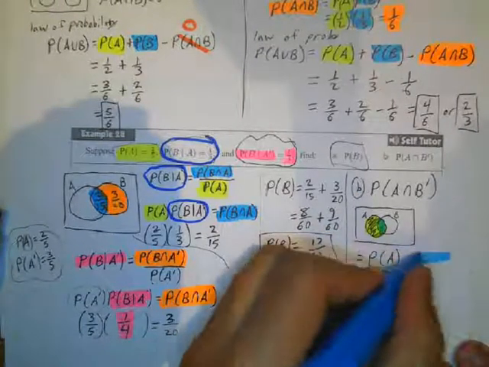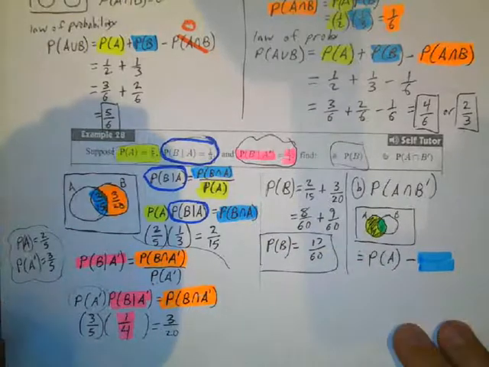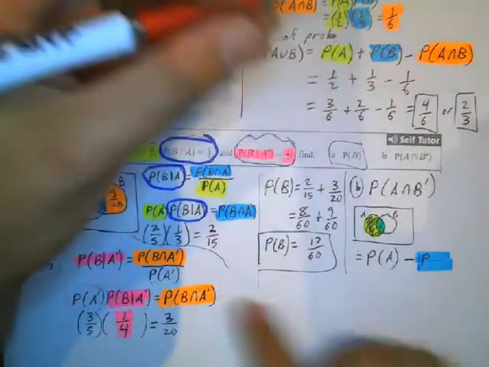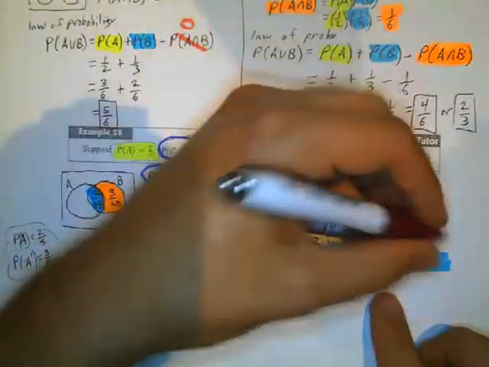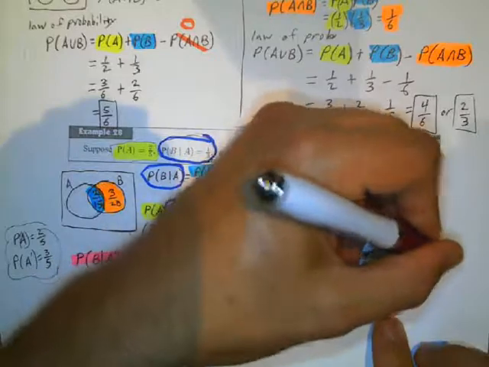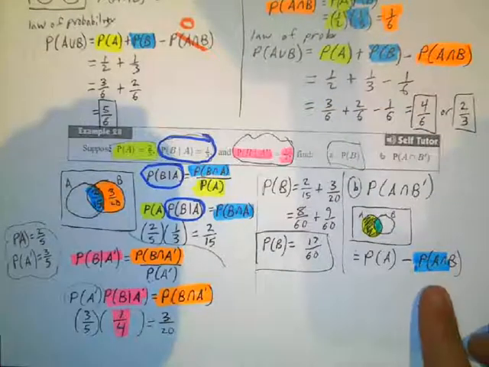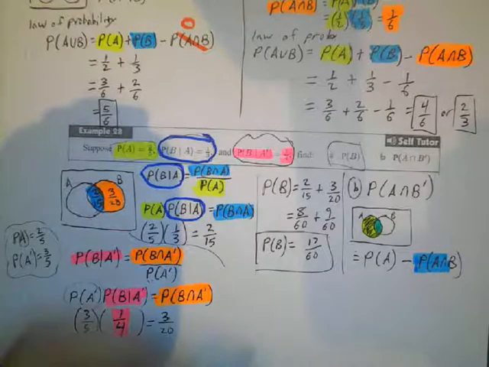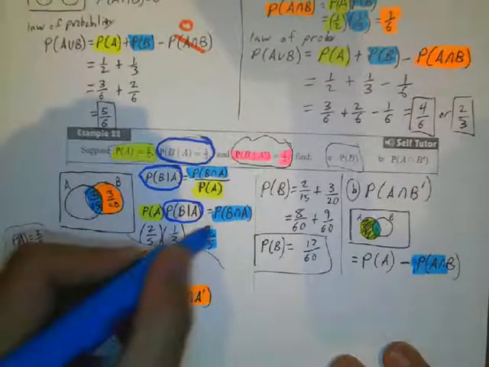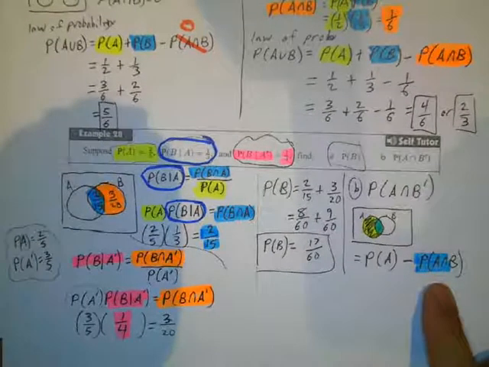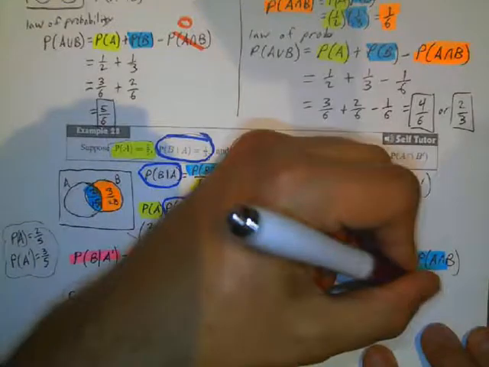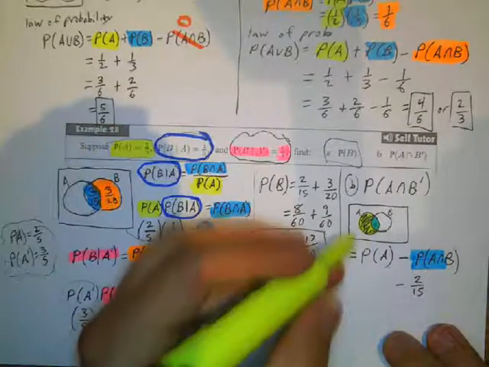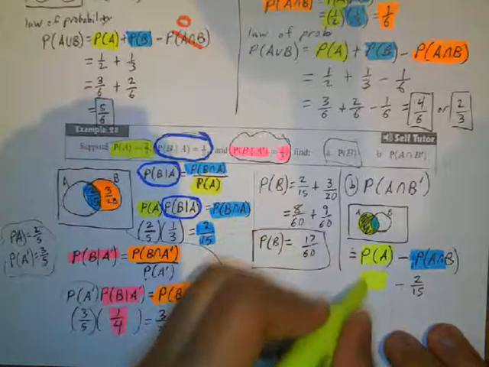And the football-shaped wedge is 2/15. This is the probability of A intersection B. So we can replace this with 2/15, and we can replace this probability of A with 2/5.